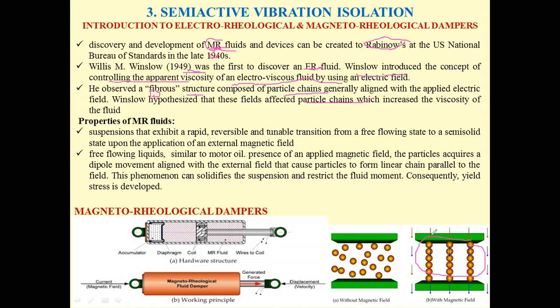So what is magnetorheological fluid? That is called MR fluid. MR fluids are smart fluids which change their viscosity by application of a magnetic field. So by application of a magnetic field, the viscosity of the fluid gets changed.